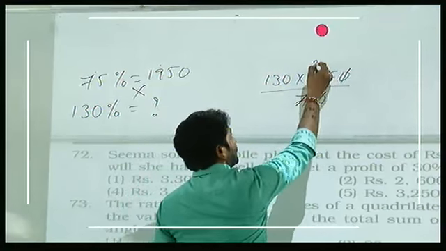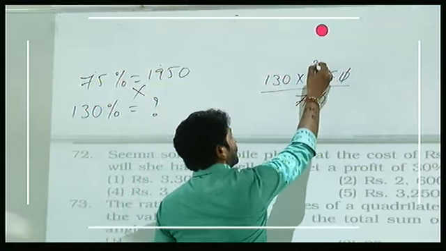17 2 times 14, 55. No more cancellation, right? 75, 1950. Go for cancellation. Cancellation with 5. 15 times 5, 26 times.